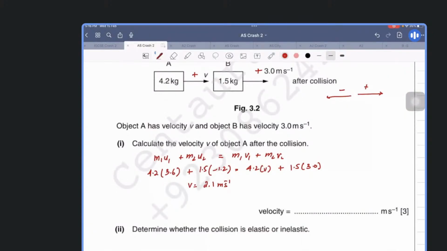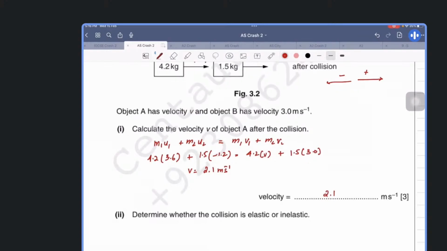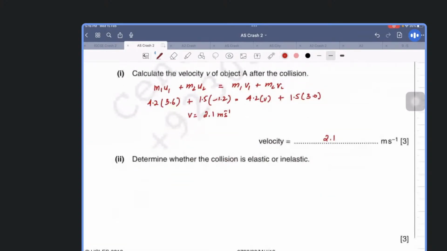Okay, all right. Now it says determine whether the collision is elastic or inelastic. So there are a couple of ways of doing this. I would still prefer that you use U1 minus U2 equals V2 minus V1. You can do that, or you can use the kinetic energy equation. It's up to you.